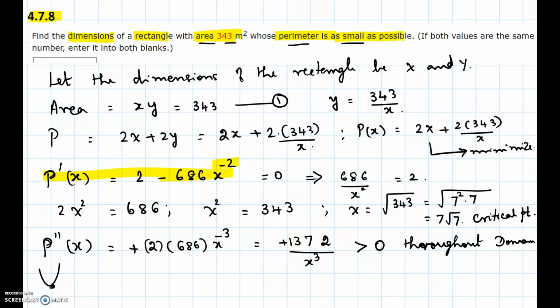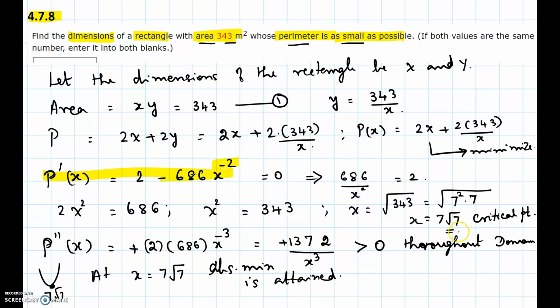And in fact it is an absolute minimum that occurs at x equal to 7 root of 7. So this justifies that the perimeter has been minimized at x equal to 7 root of 7.